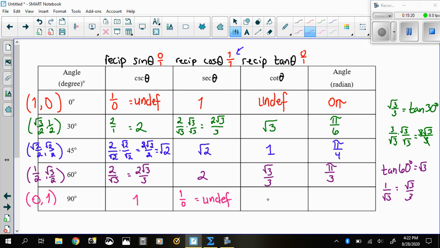And then cotangent, since tangent at 90 degrees was undefined, that meant that it was 1 over 0. So in this case, cotangent is going to be 0 over 1, or 0 for the ratio. And the angle value for this would be 90 times pi over 180, and that's going to give us pi over 2, as we said before on the previous page.